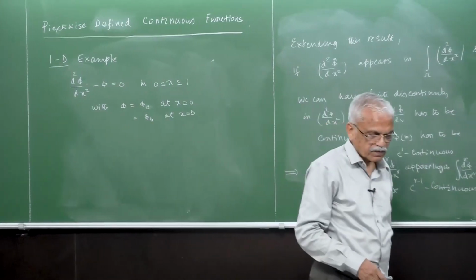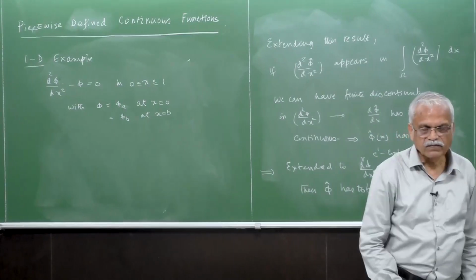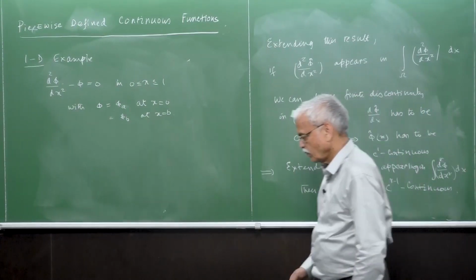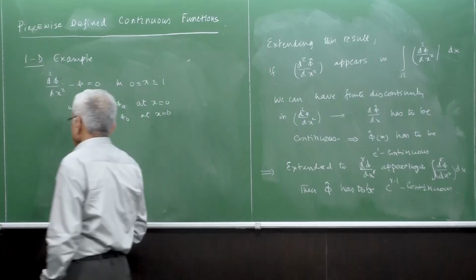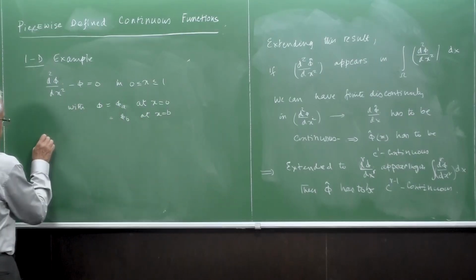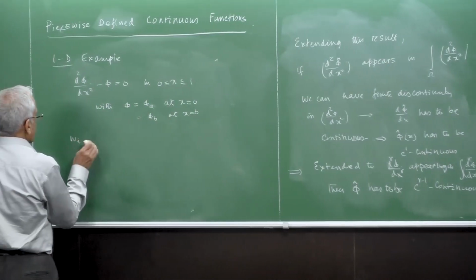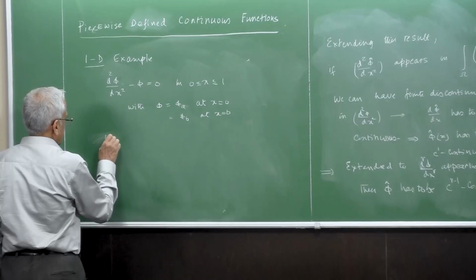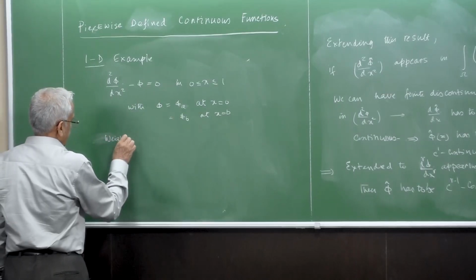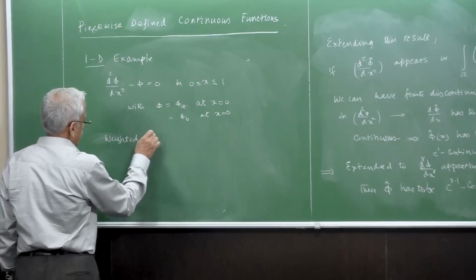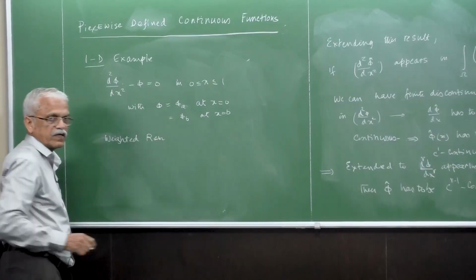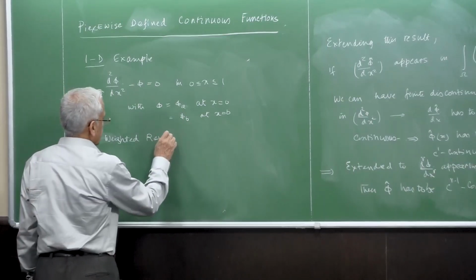So the question now is, what kind of approximations? If you look at the weighted residual statement, and in fact I also need the weak form of this residual statement.